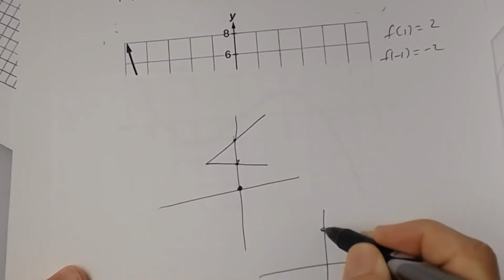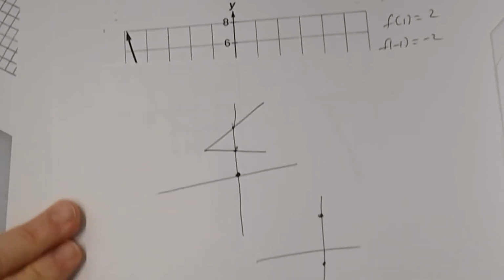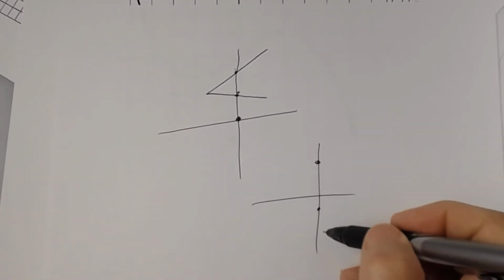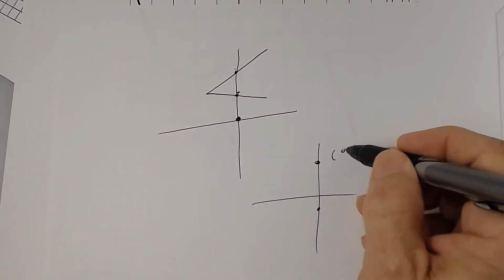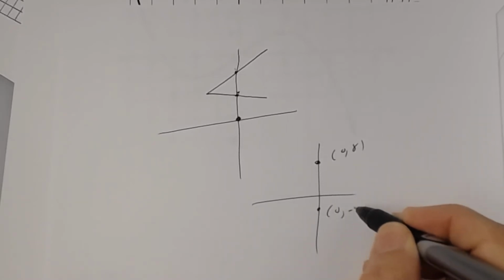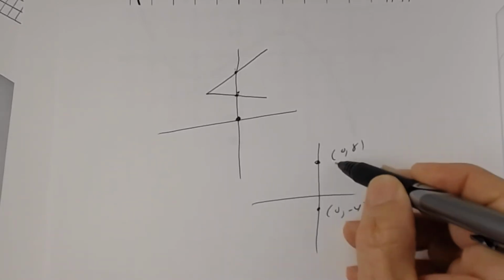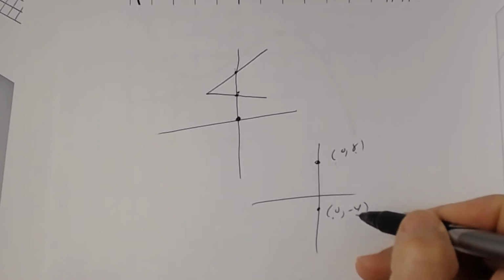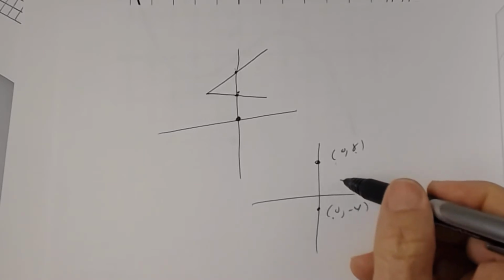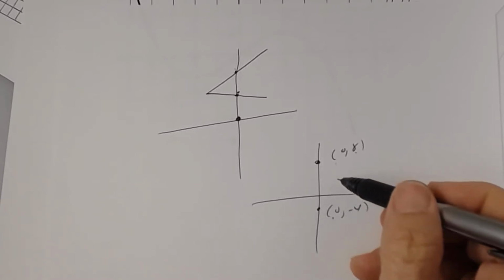Let's just suppose I look at these 2 points right here, these 2 y-intercepts. Let's call this 0, 8. Let's call this 0, negative 4. When x is 0, how many y values are there? 2. Definition of function says that for each x coordinate, there's got to be exactly one y coordinate.